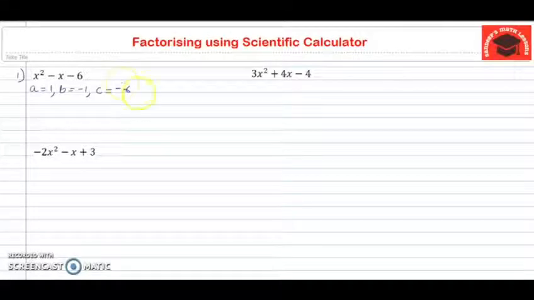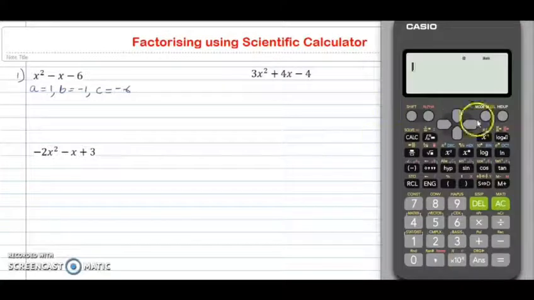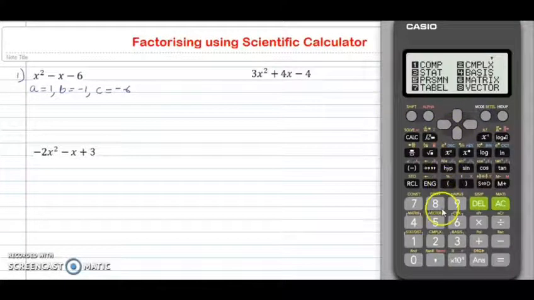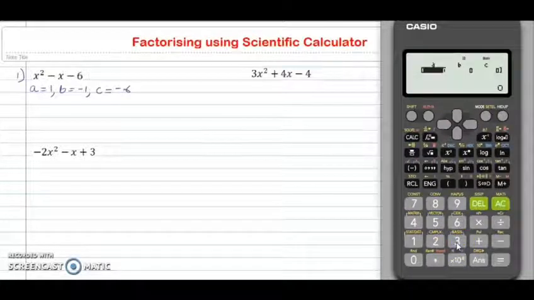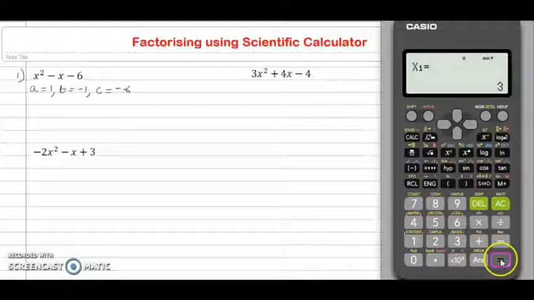So now if I open the calculator and choose the equation mode and go to the quadratic and enter a as 1, b as -1, and c as -6, I will get the two values of x. One will be 3 and the other one will be -2.